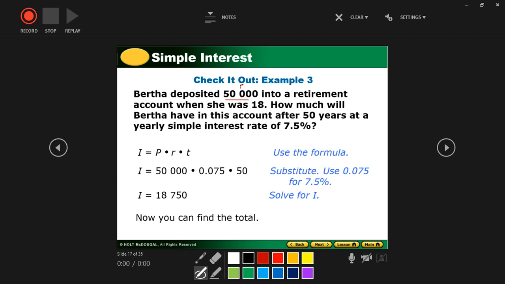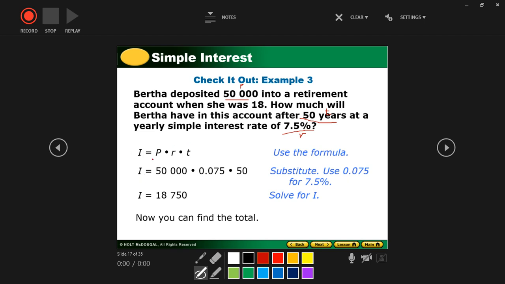Imagine, Bertha was only 18 and she already deposited, she already saved, which accumulated to 50,000, no? She deposited 50,000 for her retirement account. So after 50 years, which is our time, how much will Bertha receive with 7.5% rate of interest? So same formula again.